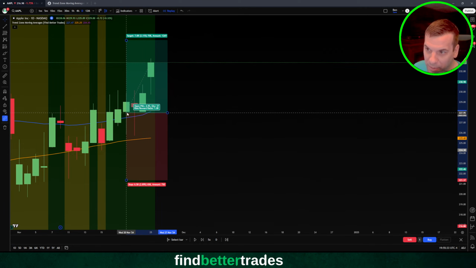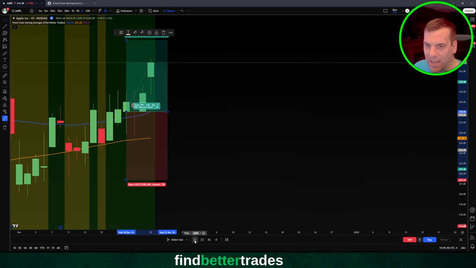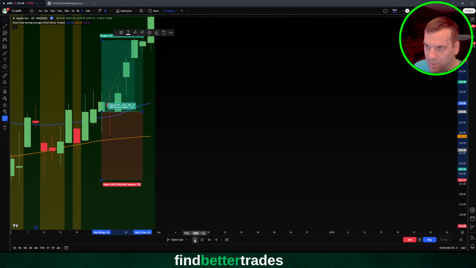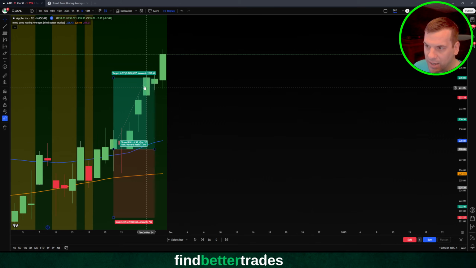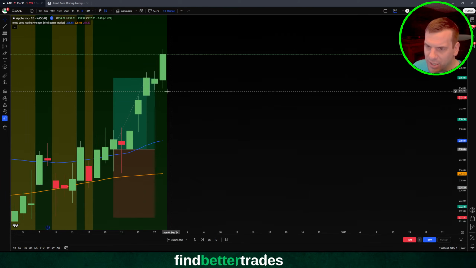So this one actually would have been that trade. So we would have got in right there essentially, because I don't like when people say, oh yeah, look at my awesome strategy, and they cherry pick. So this would have been where we would have got in. So that would have been the next entry. And so instead of 3 days, it would have been 1, 2, 3, 4, 5. And so that would have been 5 days.